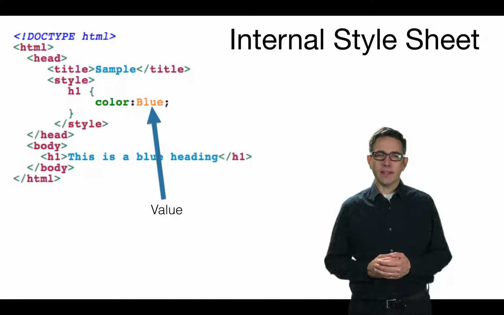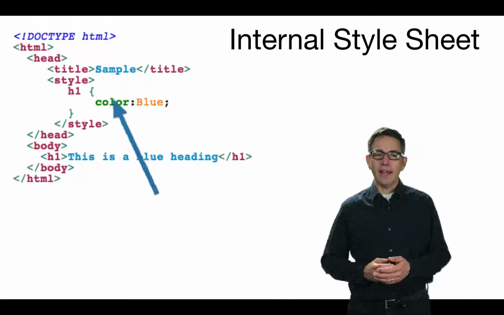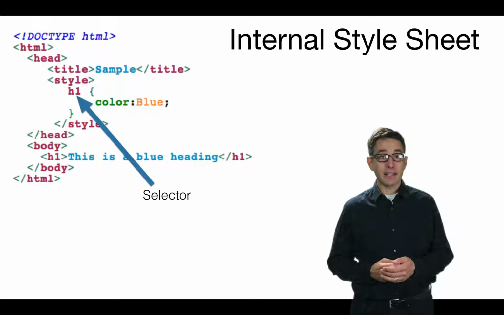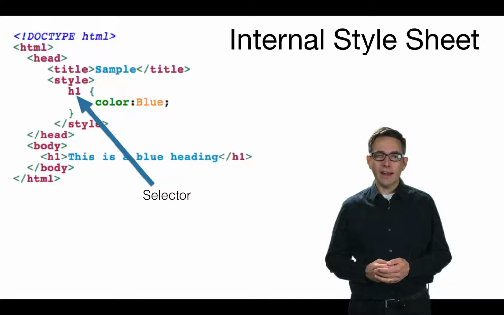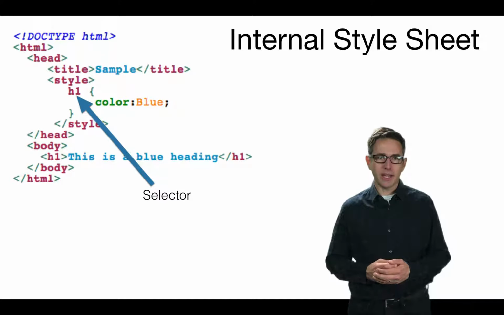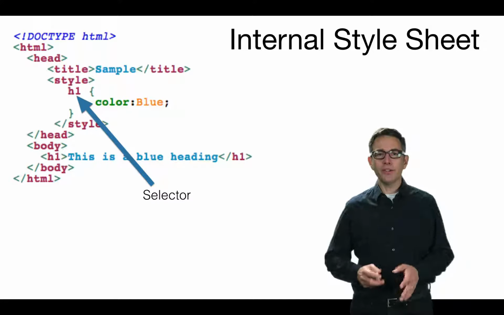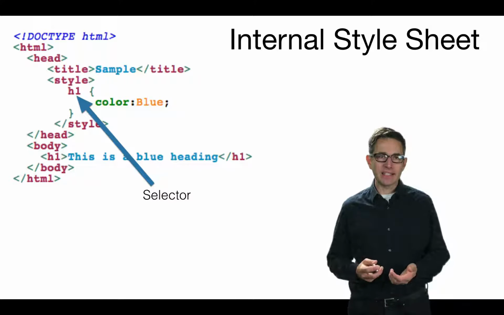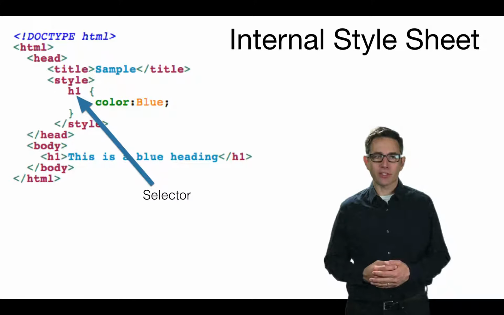Now the way that we've written this is we've given it a property and a value, and now what we have is something called a selector. This is part of the CSS language. So when we write our CSS like this, we say H1 and then we follow it by the curly brackets. What we're doing is we're saying to the browser, I want you, when this page gets rendered, to find all of the H1 tags and apply the styling that's within the curly brackets to it.